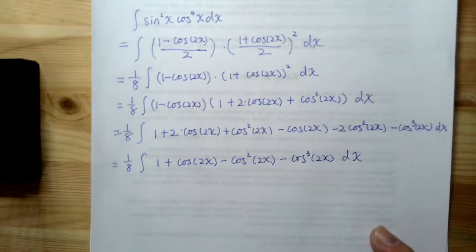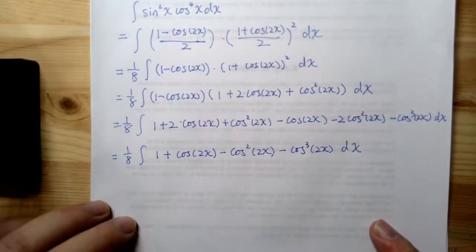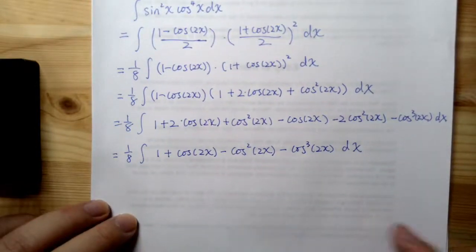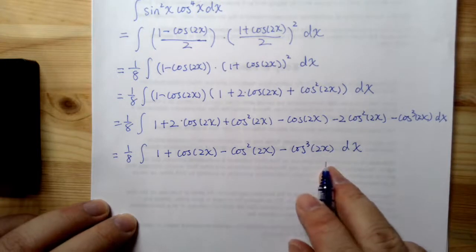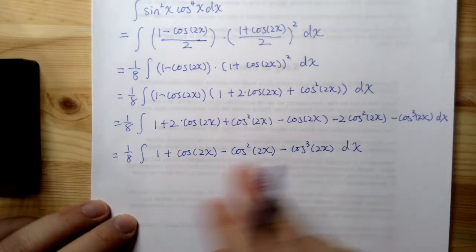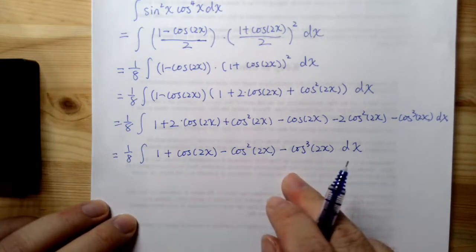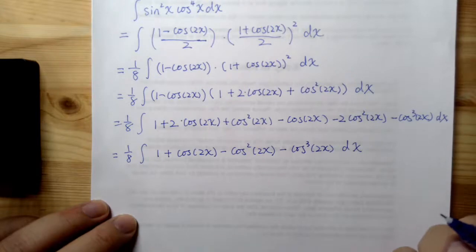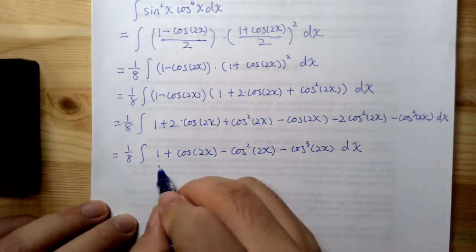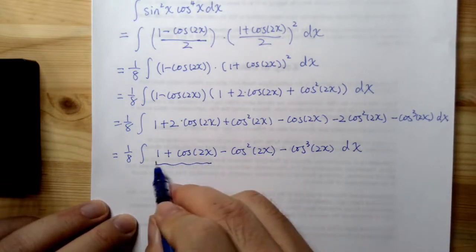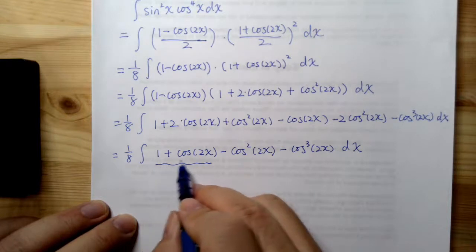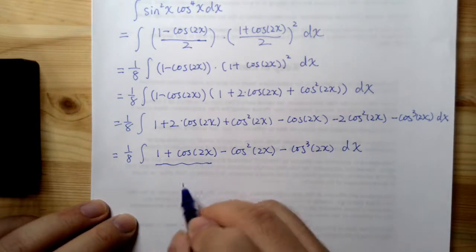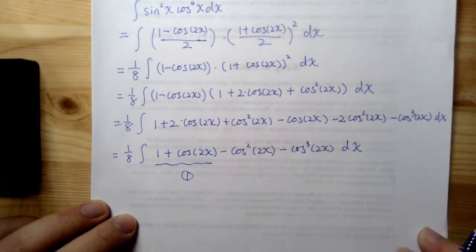If we take a clear look at what we have so far, it looks like we can split the integrand into a couple of pieces. First of all, the integral of 1 is easy. The integral of cosine 2x is also easy, right? So we put this as a group.